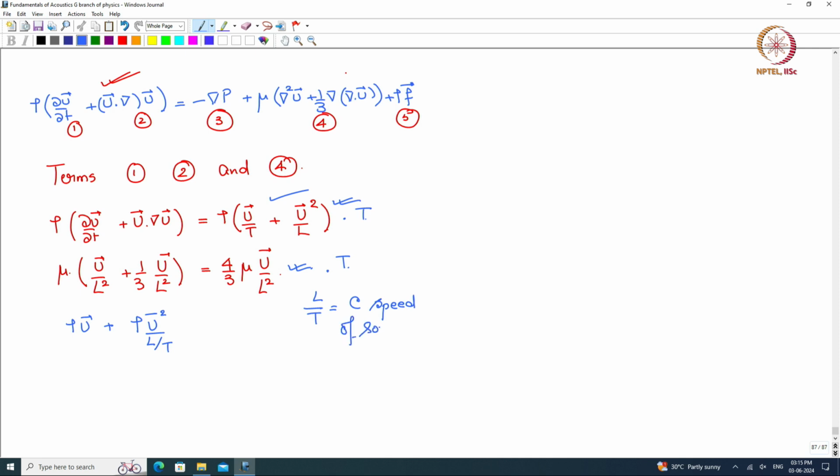So this term looks like rho u bar by the speed of sound, and this term looks like 4/3 mu u bar by L by C. So I have rho u bar, I have rho u bar into u bar by C, and I have 4/3 mu by L, u bar by C.